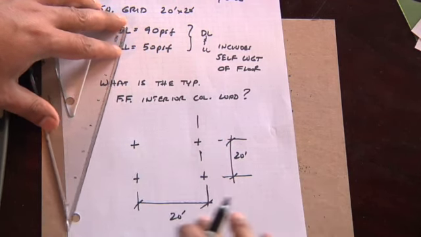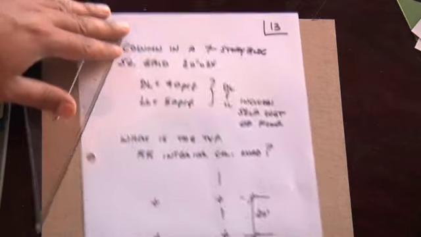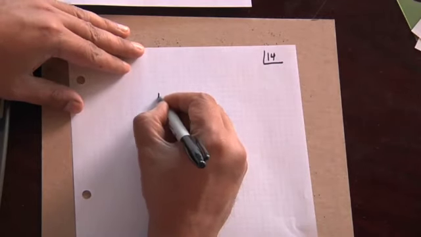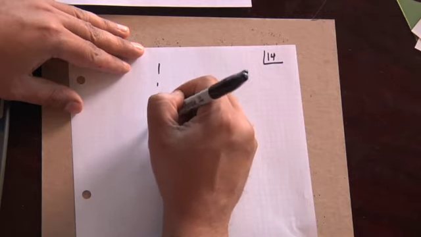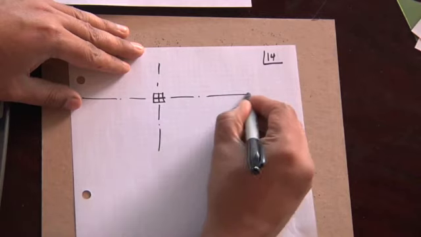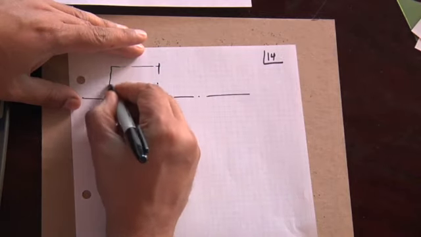And we don't need to know the entire dimension of the floor. What they've told us is that the grid is 20 by 20, which tells us the tributary area load for one column.